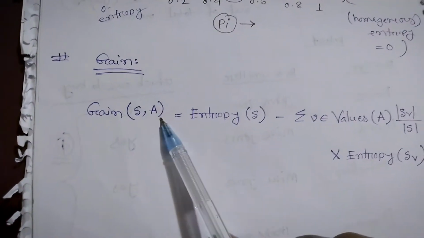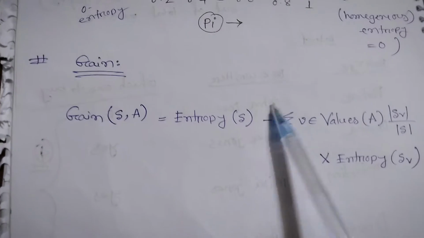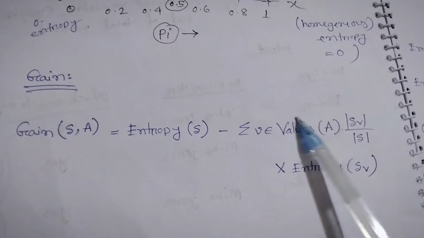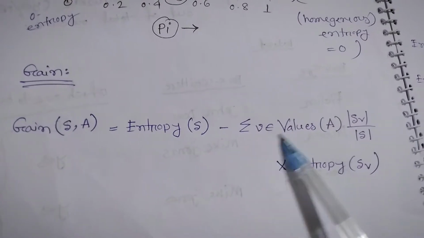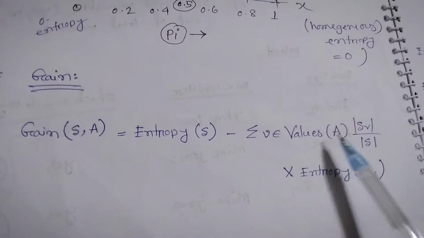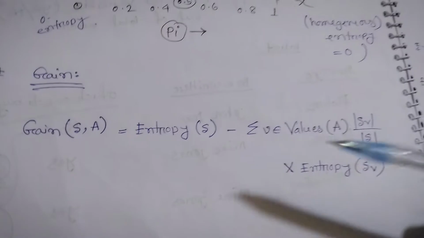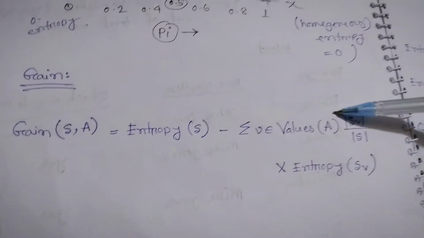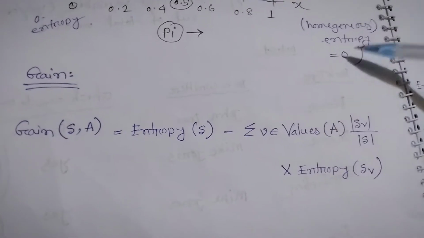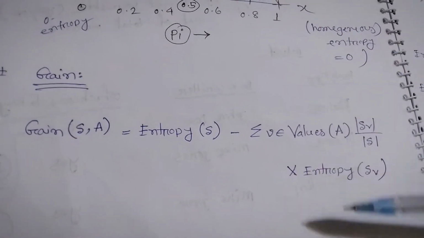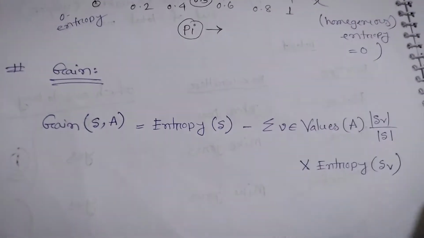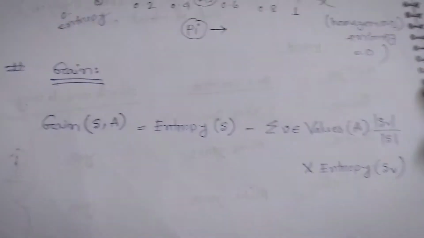Gain is the entropy of S, the entropy of your total dataset, minus the summation over the values v of A. A is the attribute that you are given, like temperature, outlook, those types of things. You need to find those values' probabilities and their own entropy. You will understand it more clearly when we give you an example. Without it you won't understand it easily.